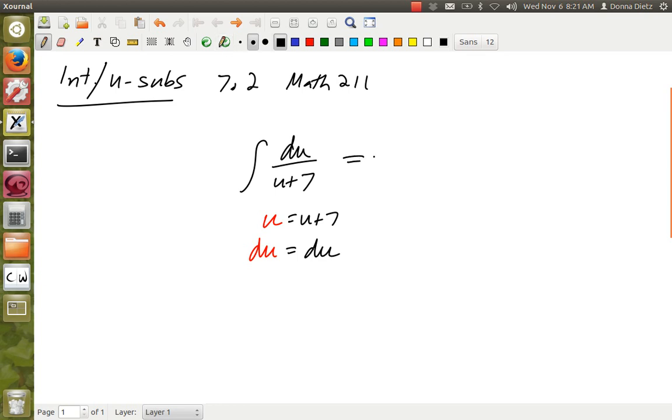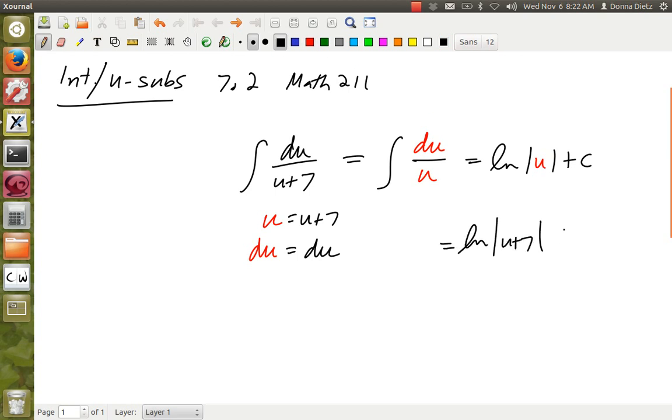And then this is equal to du over u, which is equal to natural log of u plus c, but that's natural log of x plus 7 plus c, which is way more trouble than it's worth. So for free, you get to add a constant. Okay, that part you get for free.